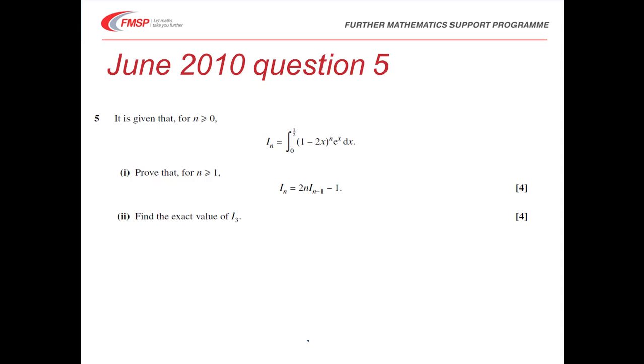First of all, we've got to prove for n greater than or equal to 1 that I of n is equal to 2n I of n minus 1 minus 1. And having done that, we've got to find the exact value of I3.